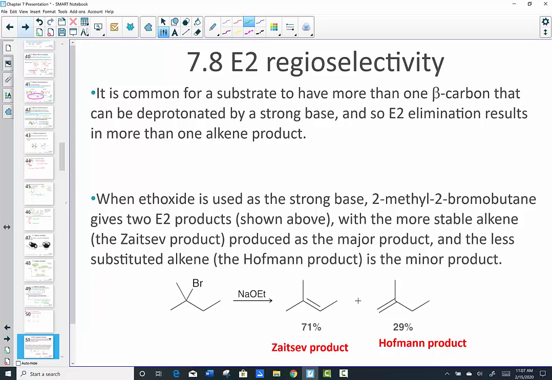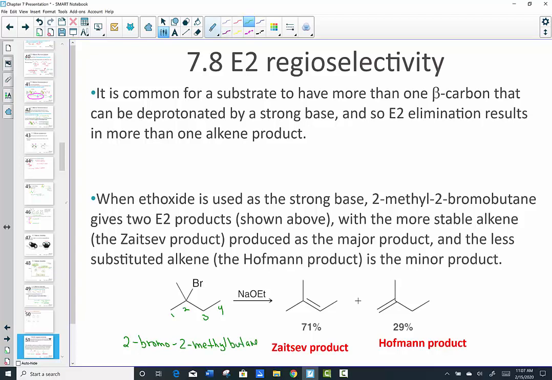So it's common for a substrate to have more than one beta carbon that can be deprotonated by the strong base. And so when this happens, we form more than one alkene product. Let's say, for example, we have 1, 2, 3, 4. This is 2-bromo-2-methylbutane.